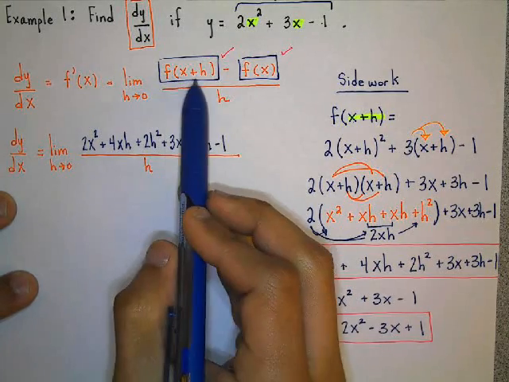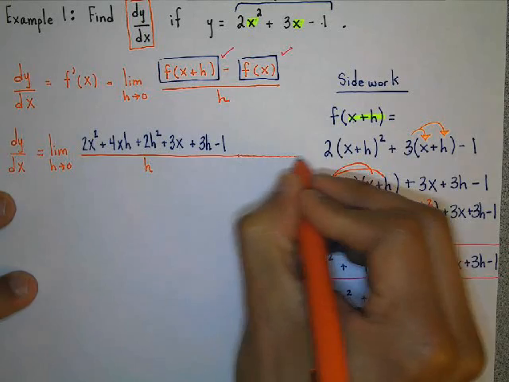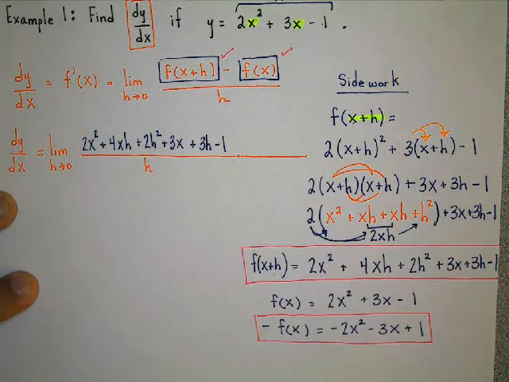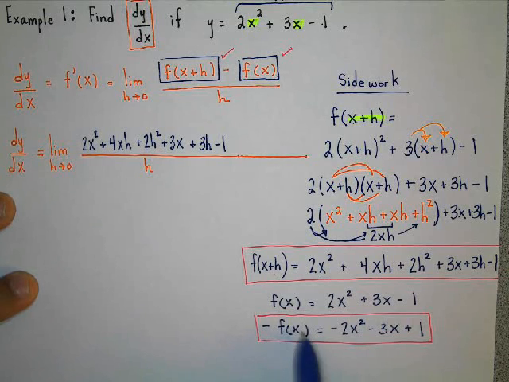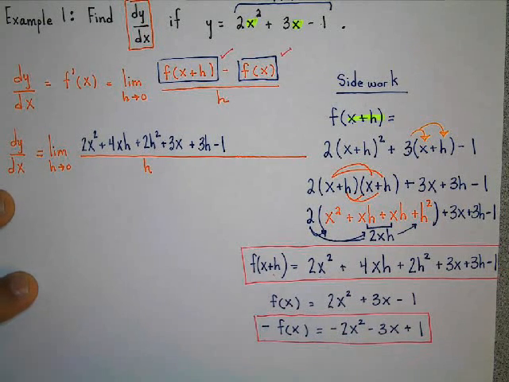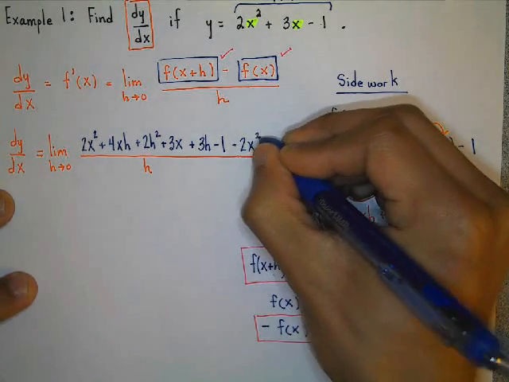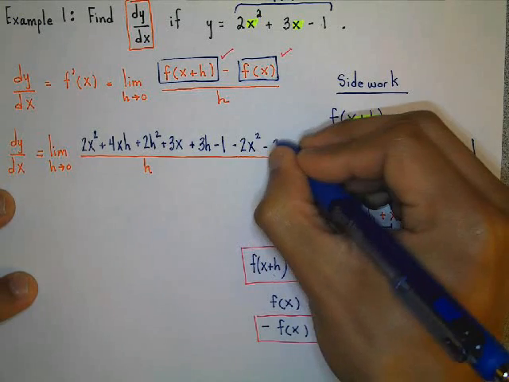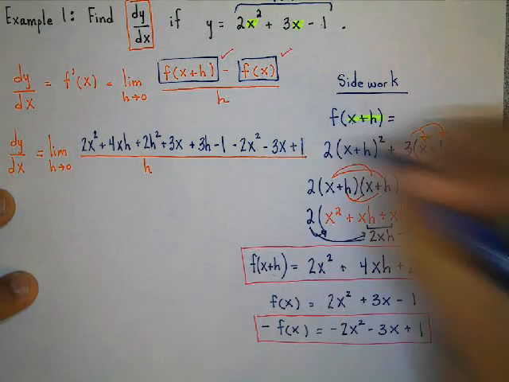Okay, that itself is just this piece here. So it looks like I need to make my fraction a little longer, but that's all right. Then we got to write the minus f of x part. Well, minus f of x is taken care of for us here. So here we're going to have minus 2x squared, a minus 3x, and a positive 1.